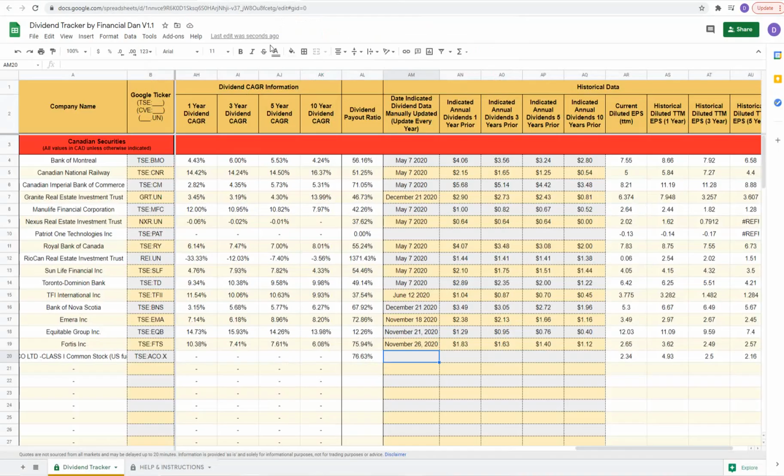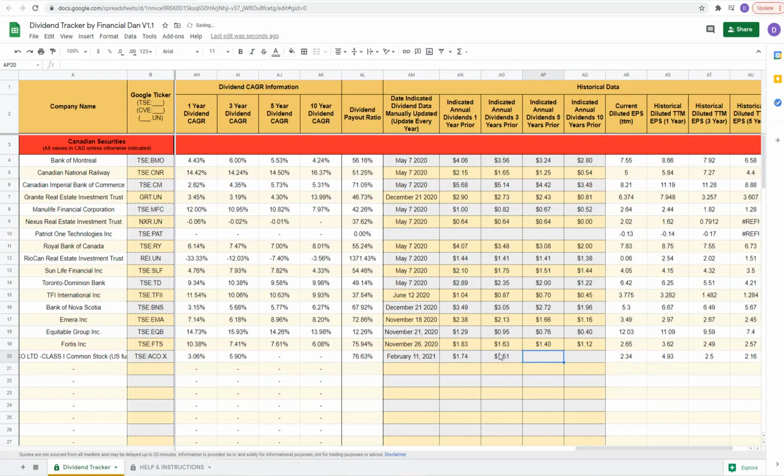And so we can just jump back to the spreadsheet and start filling those in. So we'll just enter today's date in. So it's February 11th today. And then we can enter in 1 year prior. So 1 year ago, the dividend was $1.74. And then 3 years prior, it was $1.51.